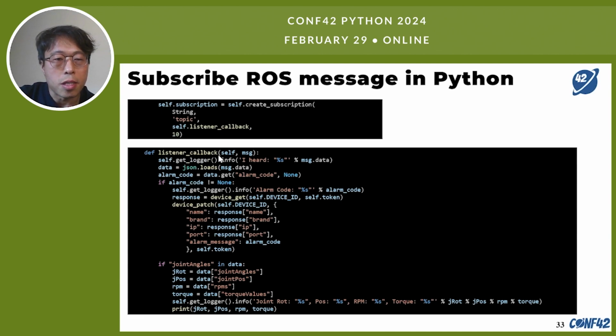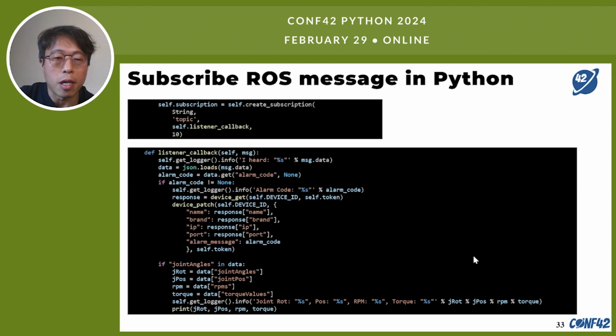In the listener callback, when we get a message from the ROS cluster, we send those messages to the Cloud ROS API. We save all the information and data into the cloud database, and we also send that information as different angles and positions to the robotic arm.